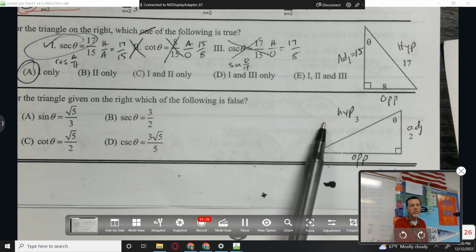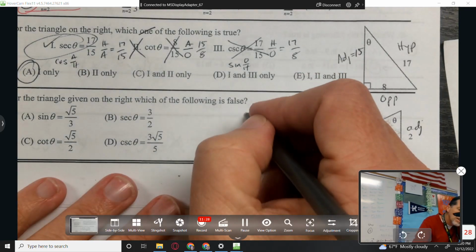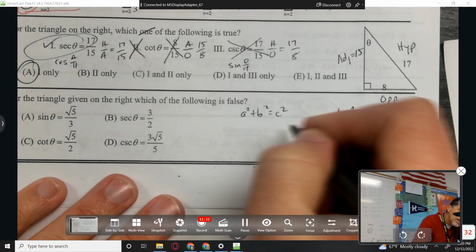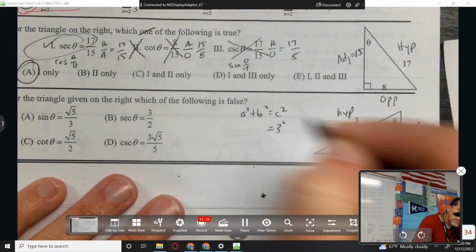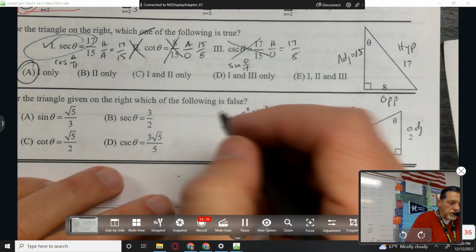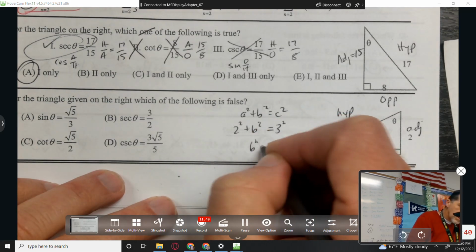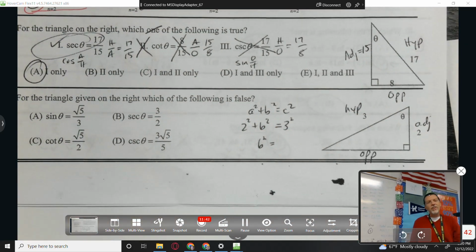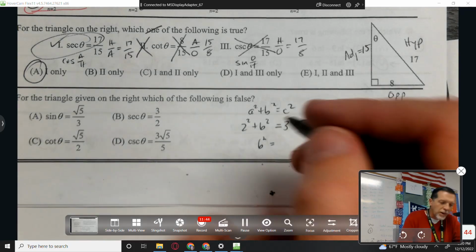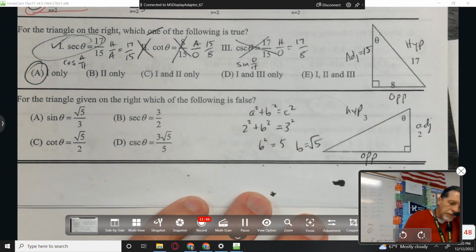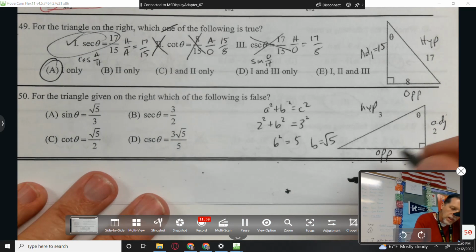Well, I have 2 sides and I'm missing a third. So a squared plus b squared equals c squared. C's got to be the hypotenuse. The other 2, it doesn't really matter what we call them. You could also look at your answers and figure that it's probably square root of 5, but 9 minus 4 is 5. So yes, sure enough, square root of 5 for the opposite side.